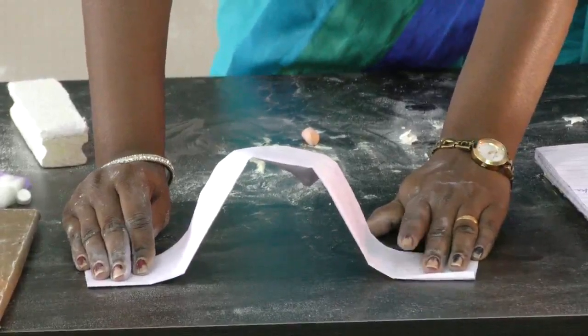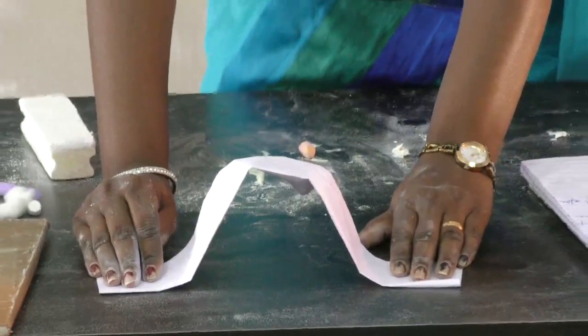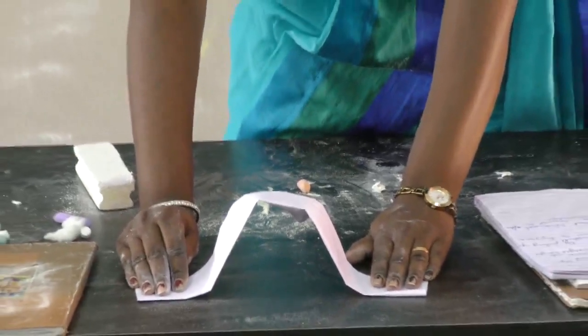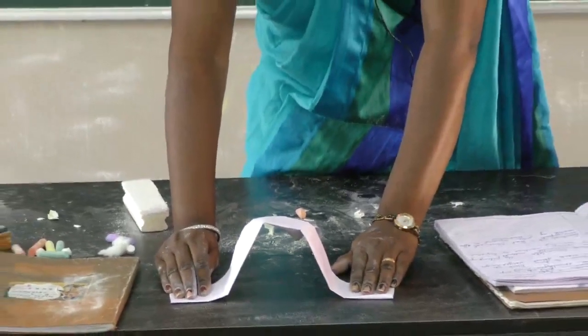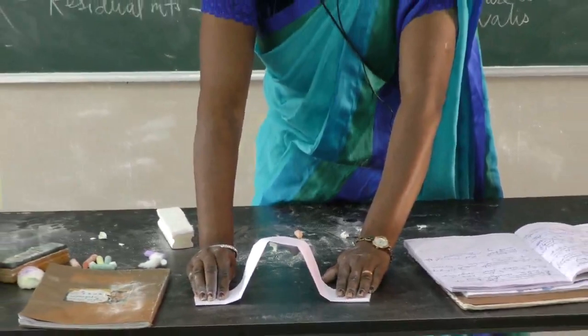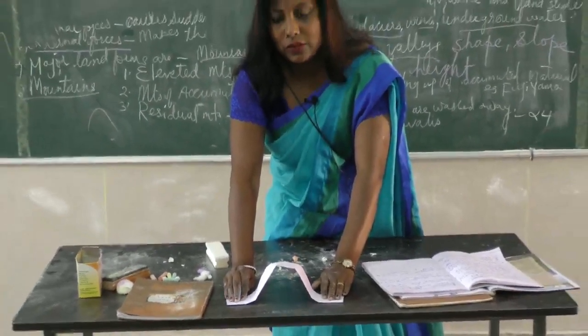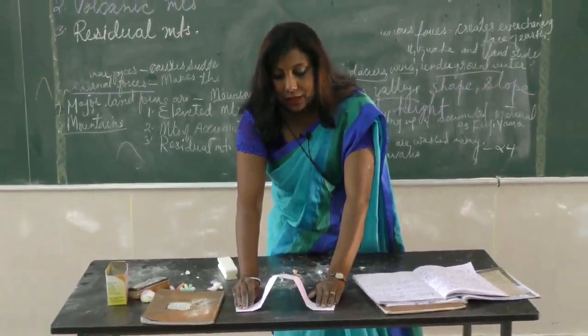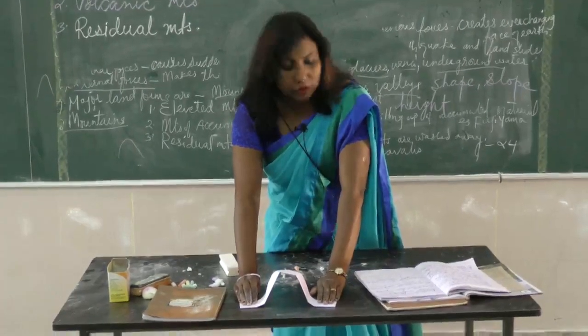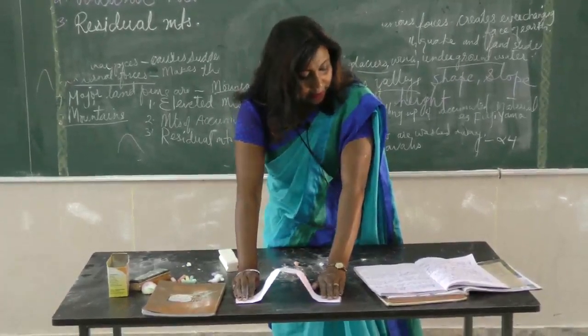Examples of such mountains are the Himalayas, the Alps, Rockies and the Andes. So, these mountains are young fold mountains.